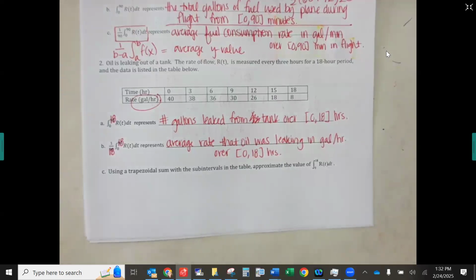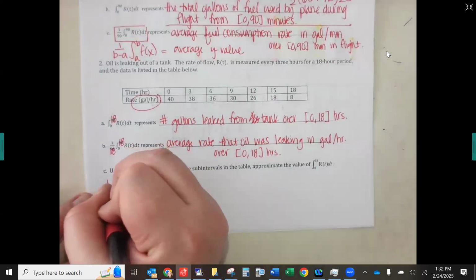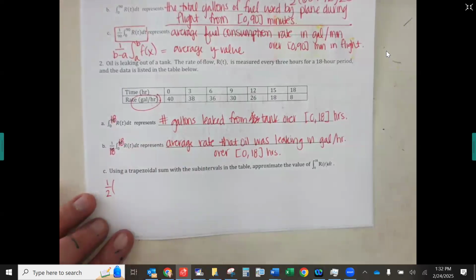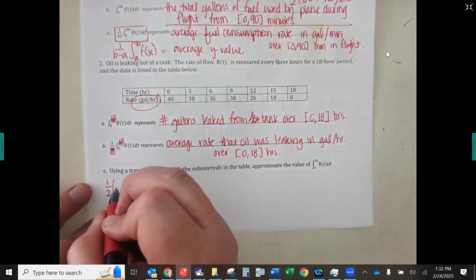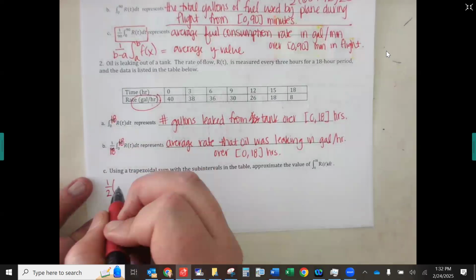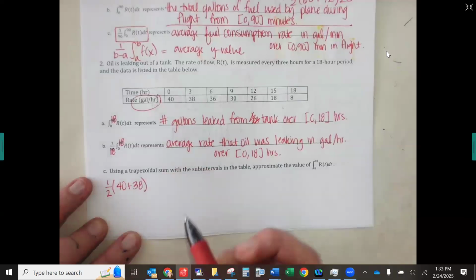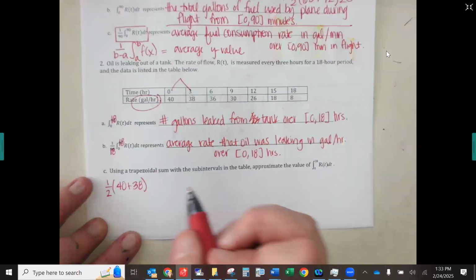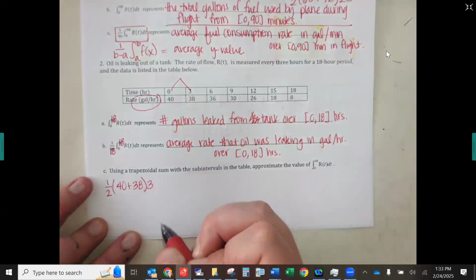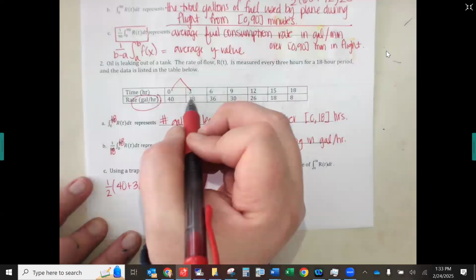Okay, then let's set up your trapezoidal sum. So remember, it's 1/2. Add the first two y values together. What are we adding? Add the y values, 40 and 38. And then you're going to multiply by their width, which is what? 3. Okay, next one.